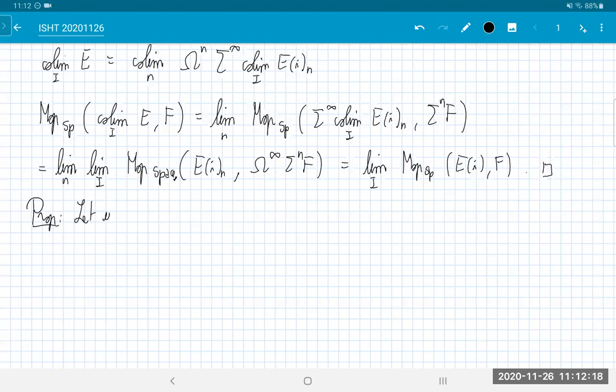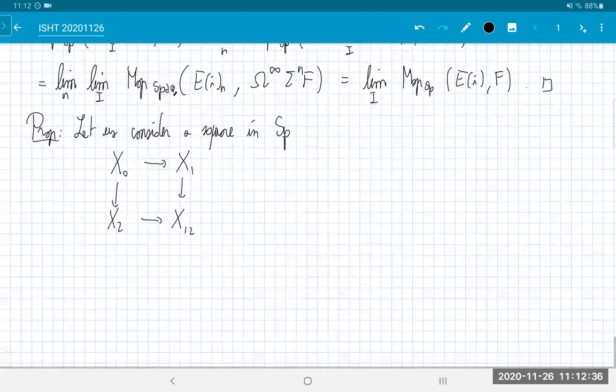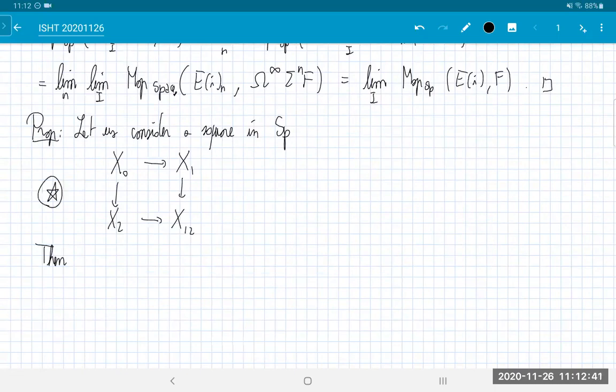let us consider a diagram, consider a square in Sp, which we call X0 going to X1, X2, X12. Then let me give it a name, star.